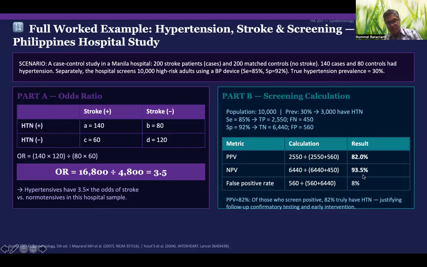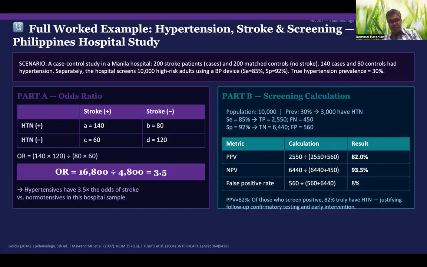And the result is a relatively good negative predictive value. And then the last one would be the positive predictive value, negative predictive value, and the false positive rate.